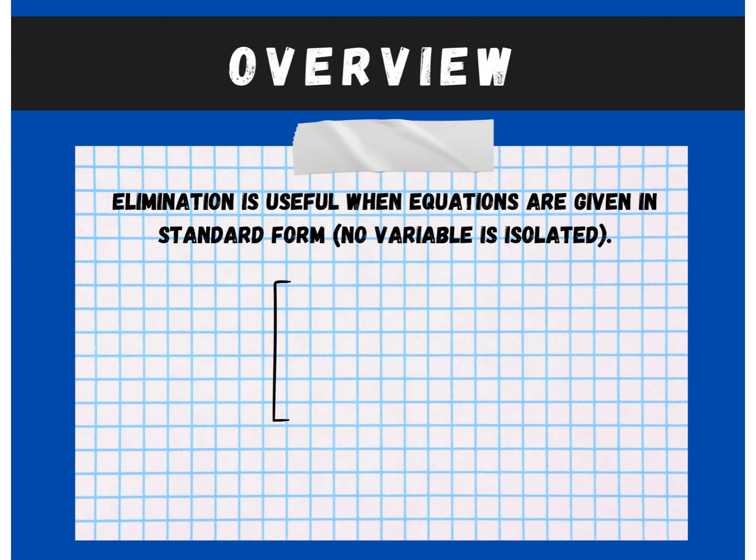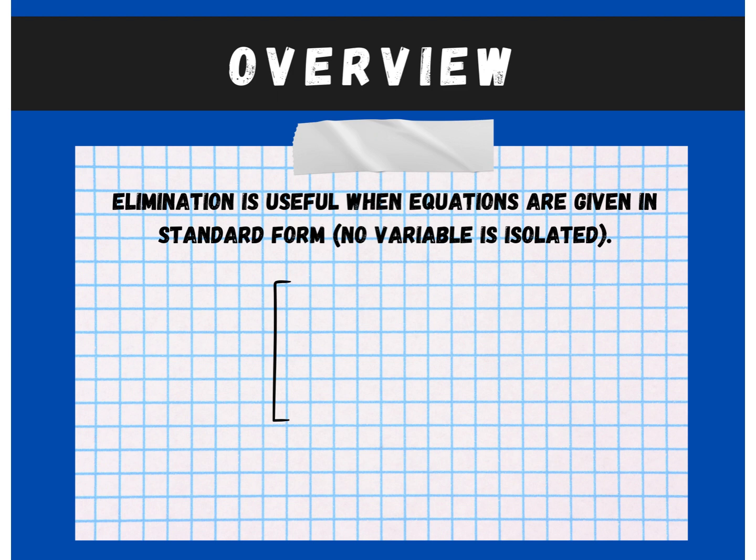Now, you've got 3 methods to choose from when you're solving. You can graph, you can use substitution, or you can use elimination. Elimination is my preferred way when I've got 2 equations that are in standard form. No variable is isolated, then I'd immediately start using elimination. You might see something that looks like this.